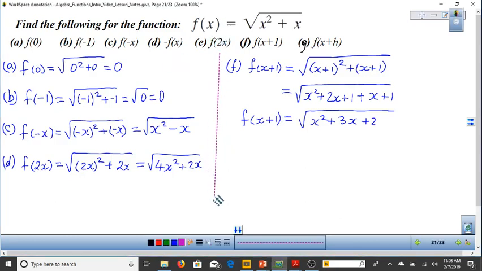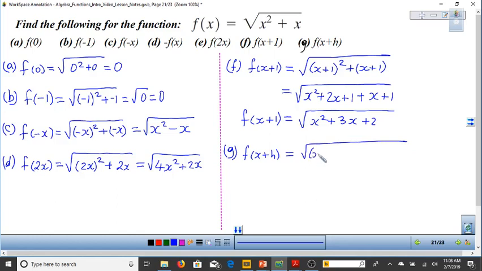Let's go on to the last part of this example, which is part G, f of x plus h. And again, we are going to just replace all our x's with x plus h, squared plus x plus h. So when you square x plus h, you end up with x squared plus 2hx plus h squared, and then we have plus another x and plus an h, and that's all we can do.